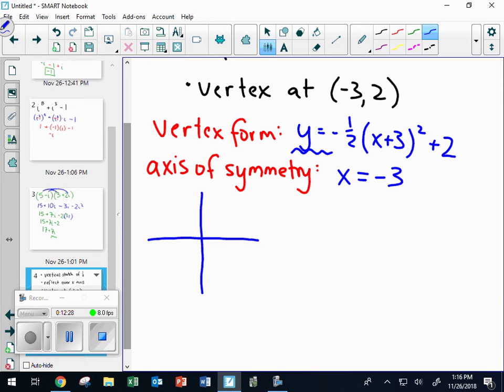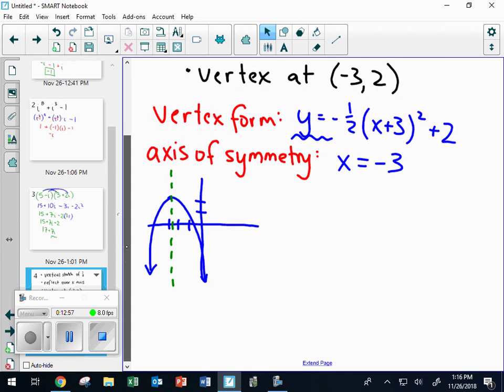If we drew this out and we said, here is our vertex, and our parabola is going downwards because we had a negative, then if we're looking for our axis of symmetry, that goes right through the vertex, right? And if it goes right through the vertex, and it's the x value, that just means it's the x value of our vertex. Okay, we have the axis of symmetry.